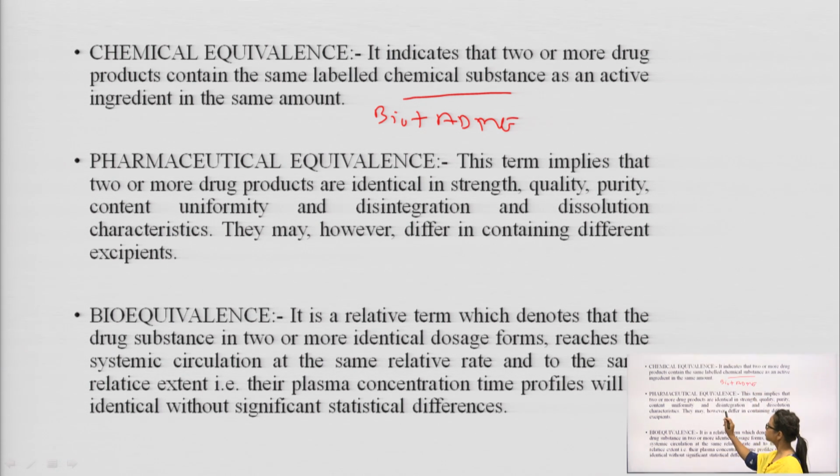Again, pharmaceutical equivalence, I have told, is the same drug but identical in strength, quality, purity, uniformity, disintegration, but different dosage forms. Bioequivalence is a related term which denotes that the drug substance in two or more identical dosage forms reaches the systemic circulation at the same relative rate and to the same relative extent.